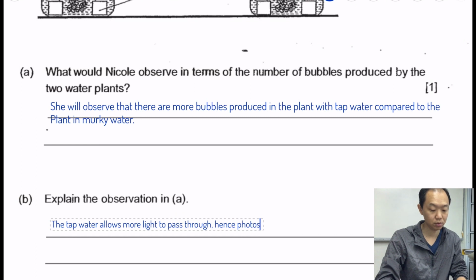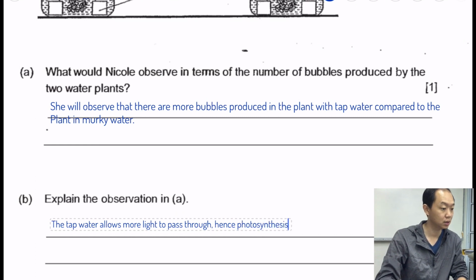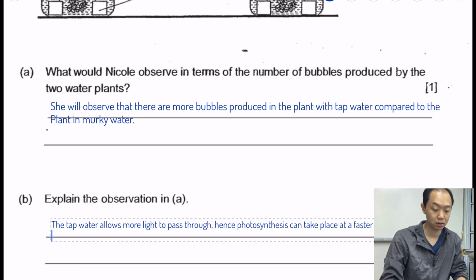Hence, photosynthesis can take place at a faster rate than for the plant in the murky water.